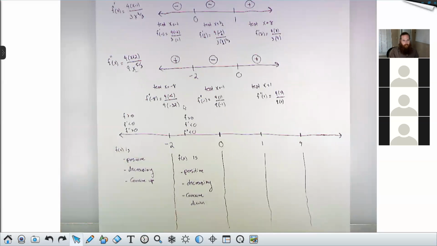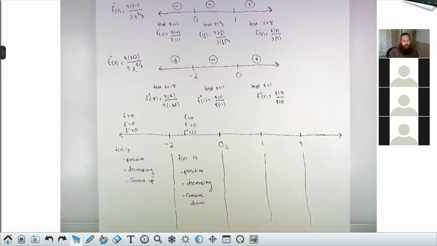All right. So f being positive means f is positive, nothing special there. F prime being negative means f is decreasing. And f double prime being negative means f is concave down.